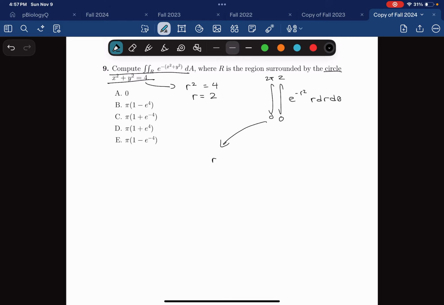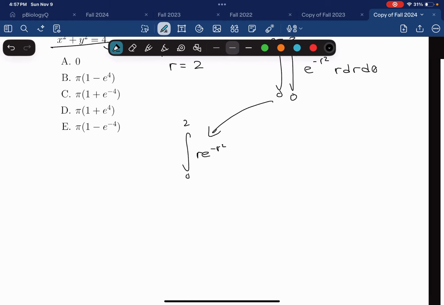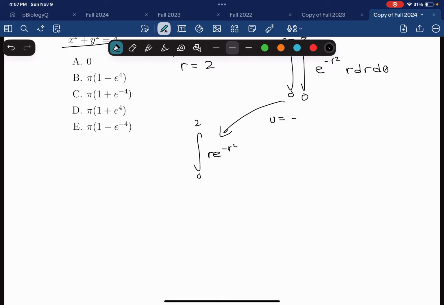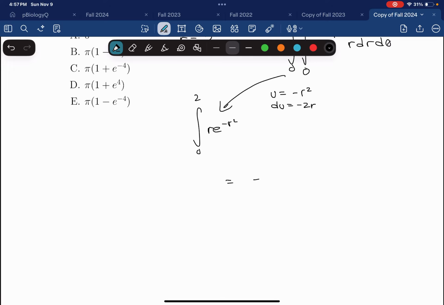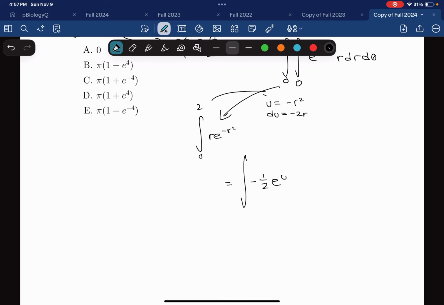And then r e to the negative r squared from 0 to 2, we got to do u substitution, u equals negative r squared, du equals negative 2r dr. So in this case, we're going to do negative 1/2 e to the u. So our bounds would change to look like negative 4, since you plug in the 2, and 0.